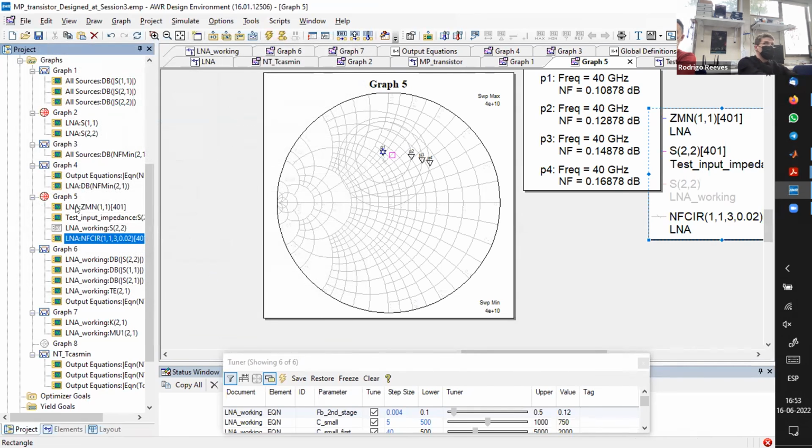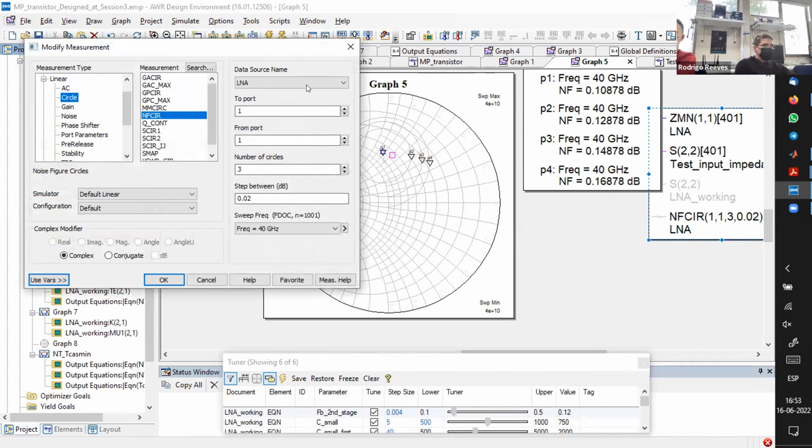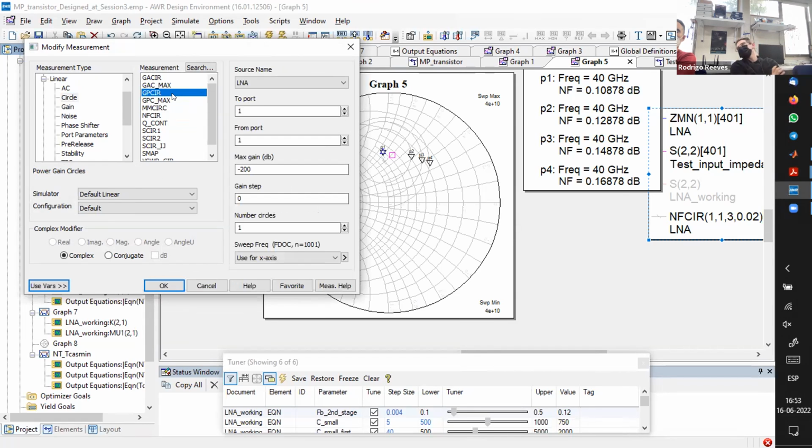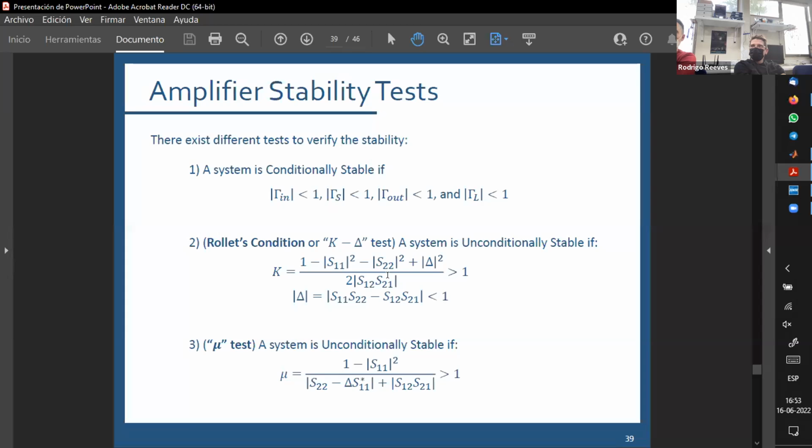And indeed, we can do the same for the gain. We could get from the LNA the available gain or the power gain. Which one is which? This is a very complicated thing that I will let you all remember.